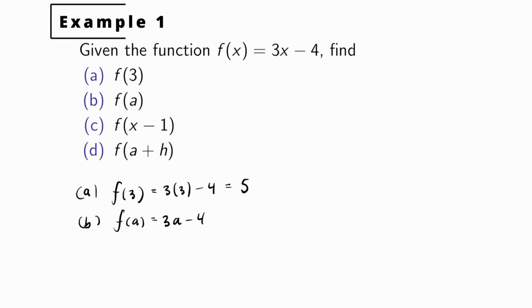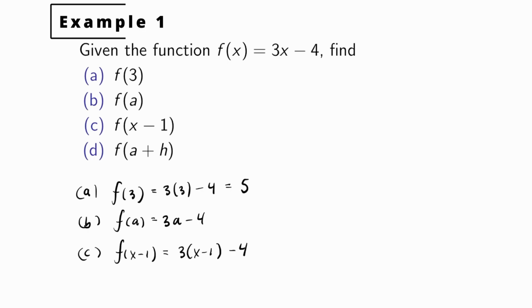Now c, we have f of x minus 1. So basically, we're going to see what's the value of our function when our input value is x minus 1. So we have to respect order of operations. We take our input value of x minus 1 and multiply it by 3. Notice I'm putting parentheses around it so that the whole of x minus 1 is multiplied by 3. And then we subtract 4.